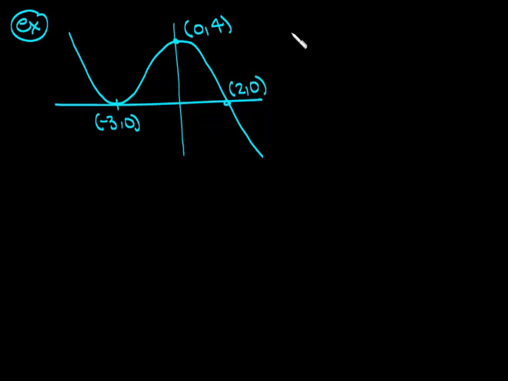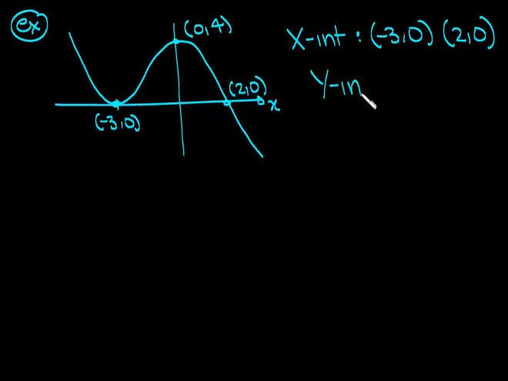Okay, so what is my x-intercept for this graph? Where does it cross the x-axis or touch? In this case it touches the x-axis here at -3, 0 and crosses at 2, 0. So those are my two x-intercepts. And my y-intercept is what? It is 0 and 4. That's how you figure out x and the y-intercepts from a graph.